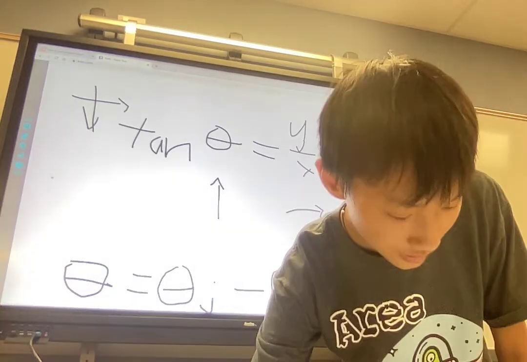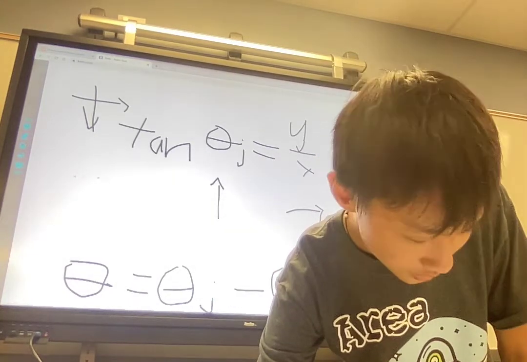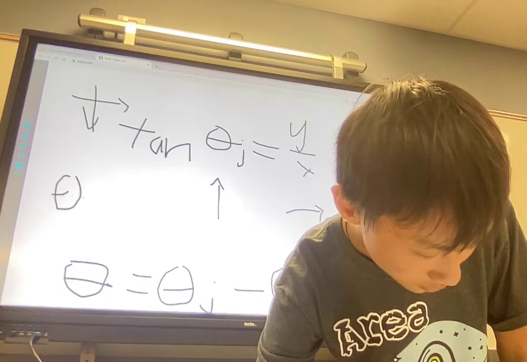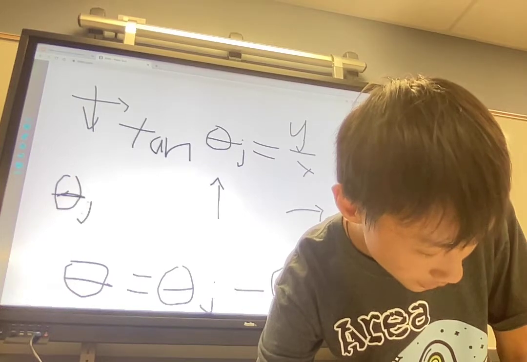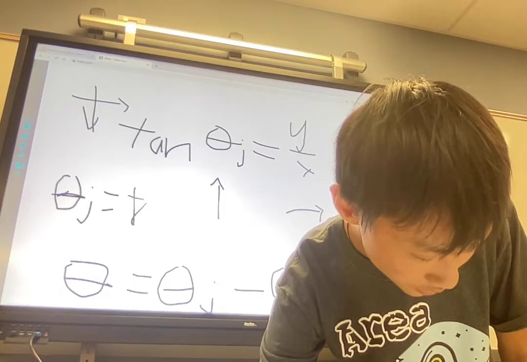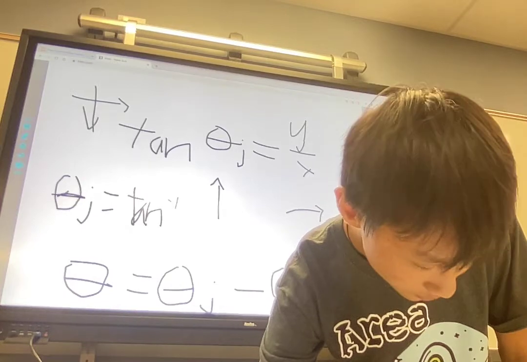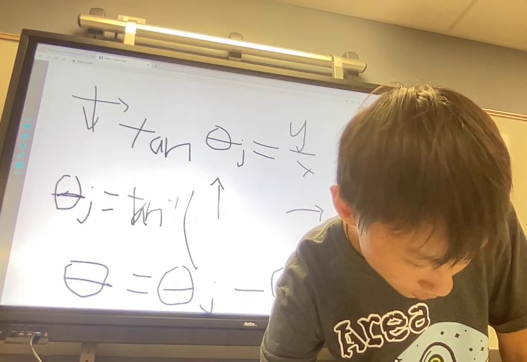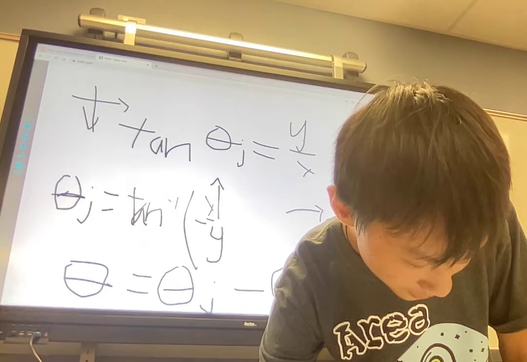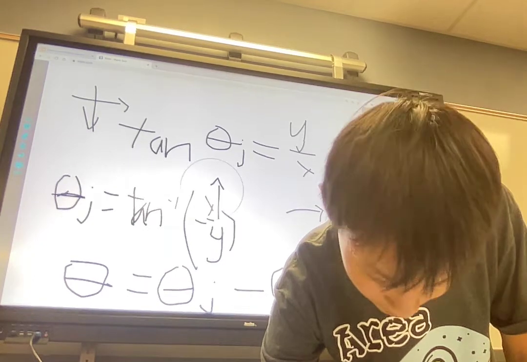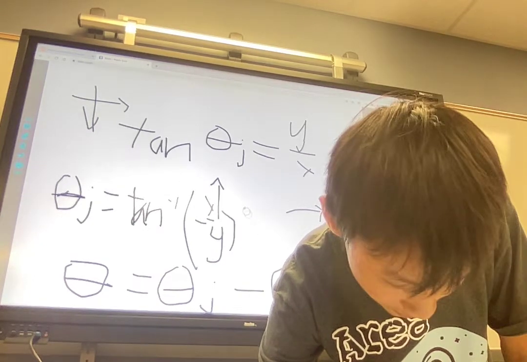Then in the end, let me just do j. We'll get theta j equals inverse tangent of negative x over y.